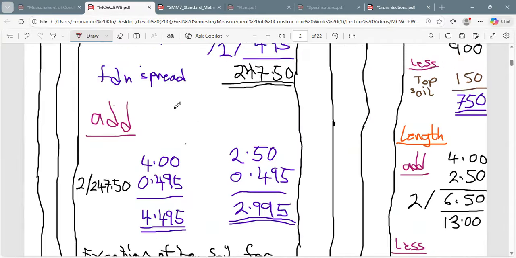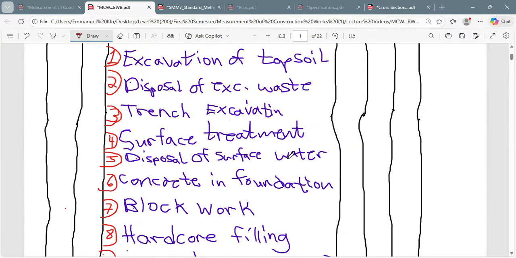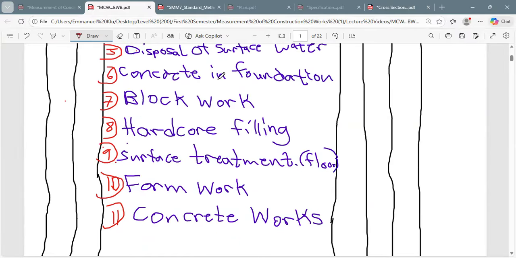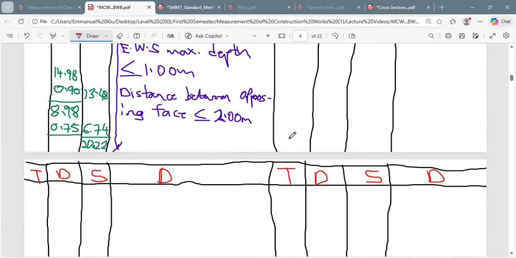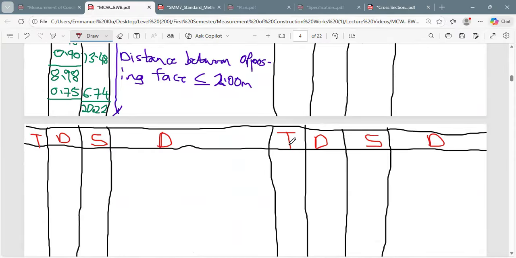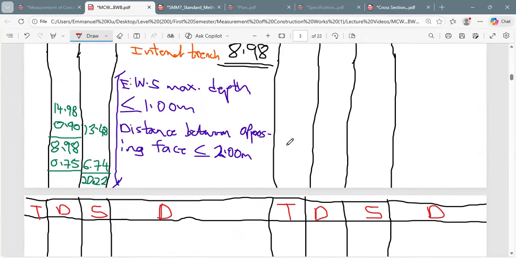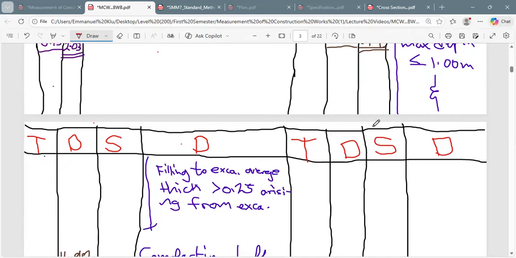Let me see. So that is disposal of surface water. Okay, that one is just water. So we are going to 6, that is concrete and foundation. 5 is disposal of surface water. So let's look at the 6.